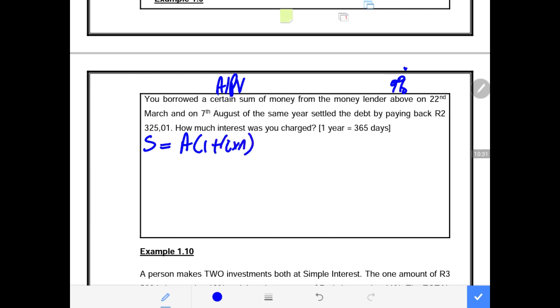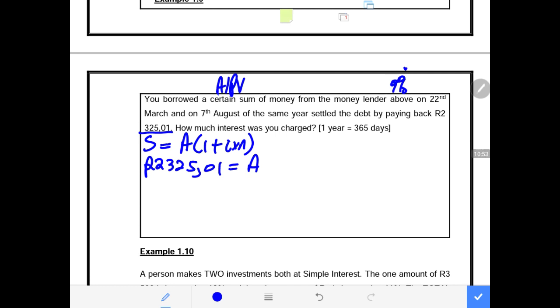Then we are looking for the interest in this case. So now we say our sum accumulated, 2,325 rand 1 cent, equals the amount invested.